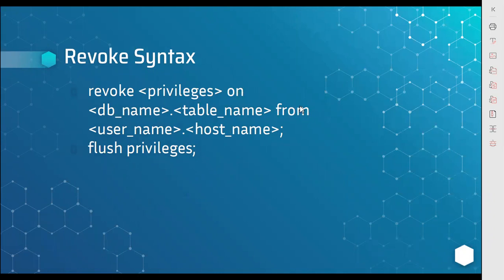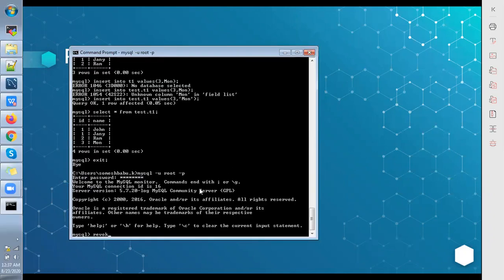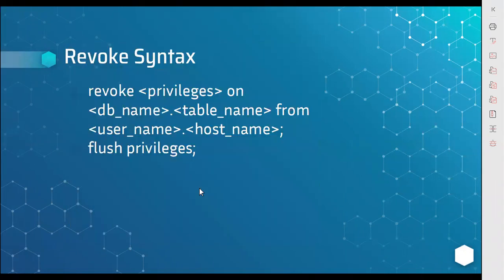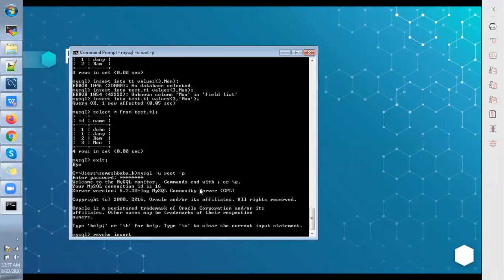Here you have to change, instead of to you just mention from, and the same username and host name. So let's say I'm going to revoke the insert privilege on the test database of T1 table from the user write.